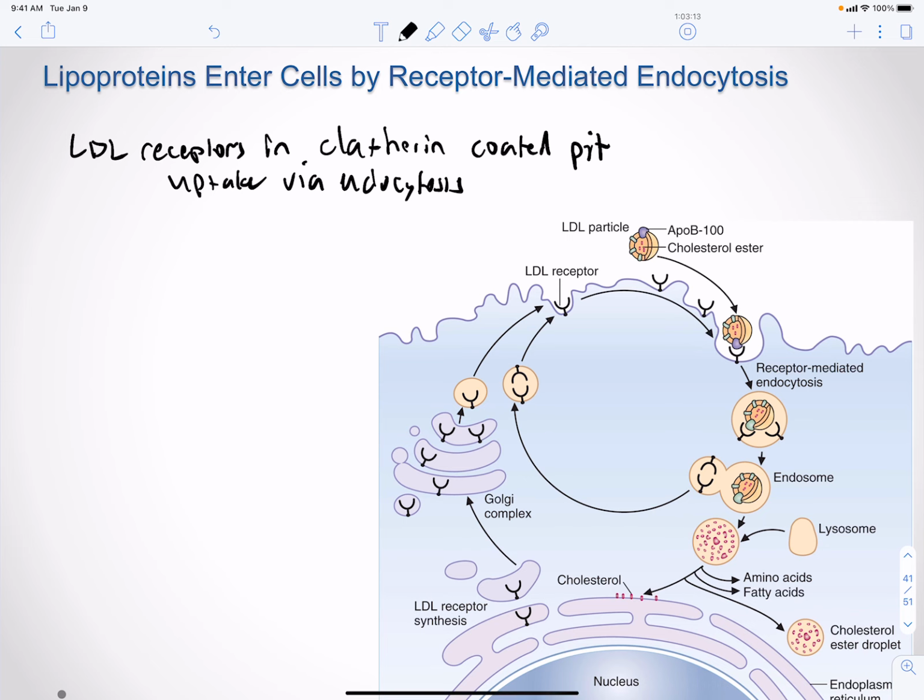The apoproteins are going to have a ligand for receptors on specific target tissues. Typically, the most common are going to be, of course, liver, the adrenal cortex, as well as gonads. In lysosomes in the cells, the cholesterol esters of the low-density lipoproteins will be hydrolyzed, and they will form free cholesterol.